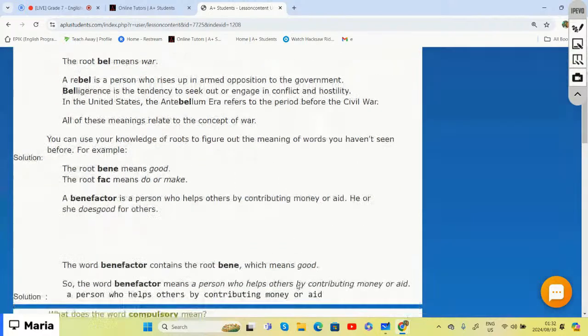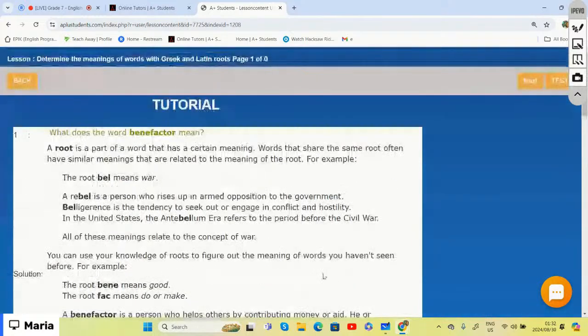All right. So this is basically just everything that we had spoken again about root words and what a root word is, which is a part of a word that has a certain meaning. And we say that the words that share the same roots, they often have similar meanings that are related to the meaning of roots. And we made examples of the word bel, which means war.